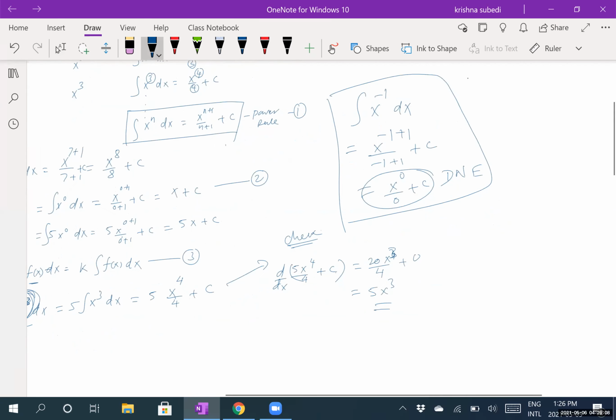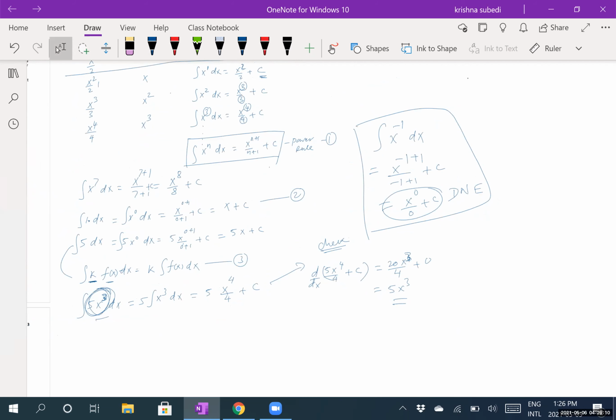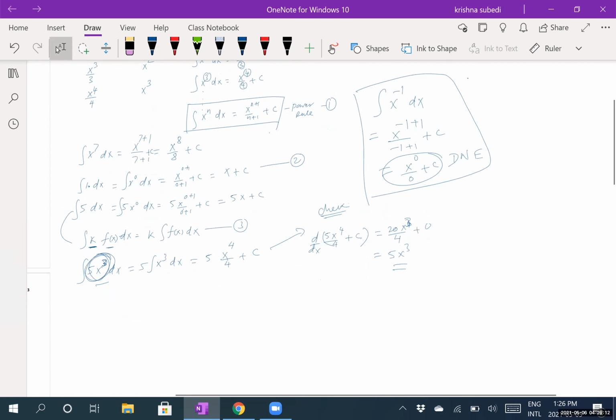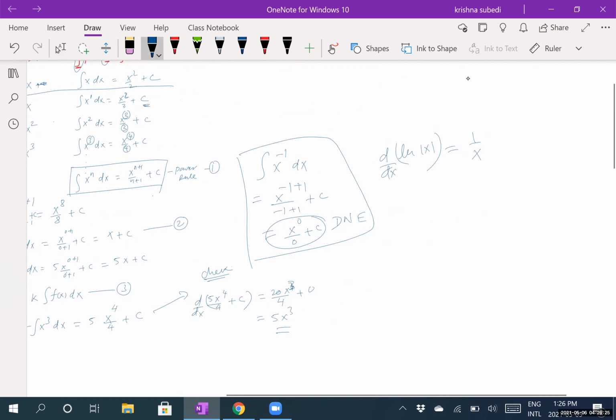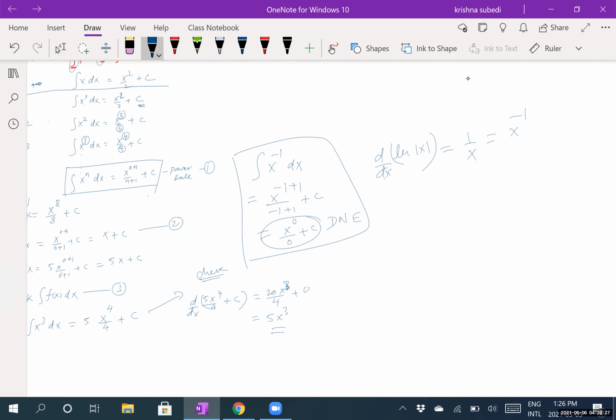Now let's think about derivatives. If I ask you the derivative of ln x, for example, what is the derivative of ln x? 1 by x. 1 over x. Thank you. It means you can also say it is x power negative 1. You see, the derivative of ln x is x power negative 1. Therefore, the antiderivative of x power negative 1 must be ln x.